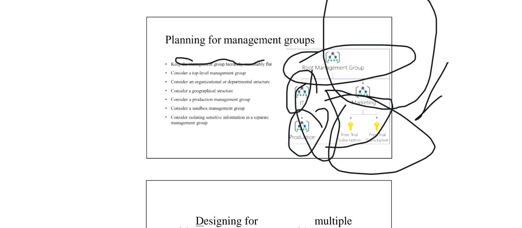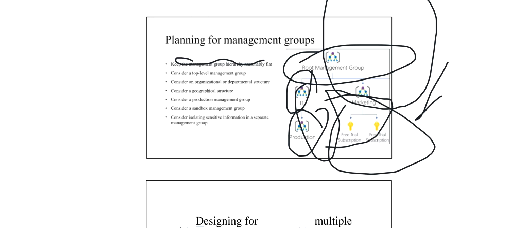Much of this is a similar concept to designing an organizational unit structure in your on-premises environment. For those who have a background with on-prem Active Directory Domain Services, it is very similar in many respects. Consider a geographical structure if you are an international company. Maybe your management group structure is tied to the geographic regions you have around the world.